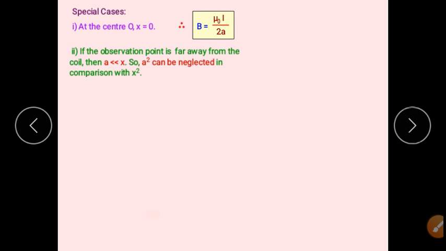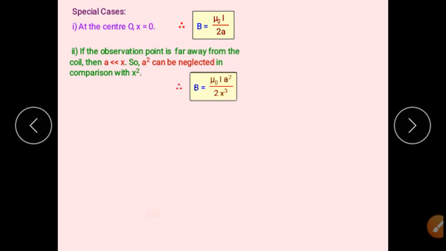Then some special cases we can see here. The first case is already explained, that is at the center of the loop. We got this result at the center of the loop. And the second case is if the observation point is far away from the coil, then we can take the approximation a is very much less than x. So in the third equation, we can neglect a².